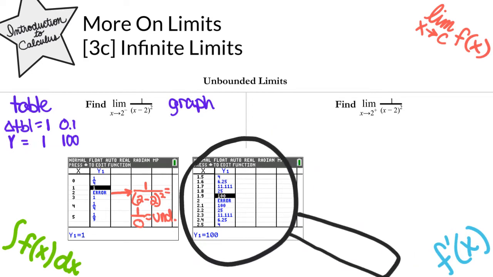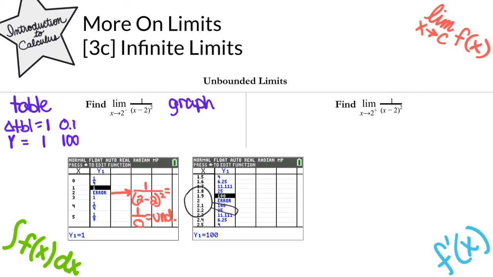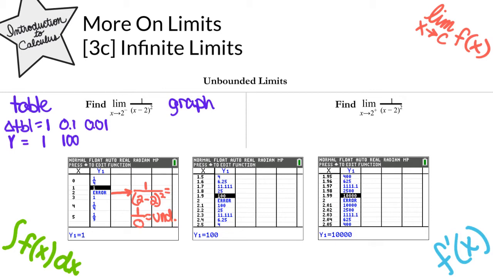Let's look even closer. Second window, change your table start to 2, change your delta table to 0.01, and then press second graph. This time, I arrow up a few times, I'm looking at 1.99 and 2.01 on either side of 2, and I see that the function's value is 10,000.